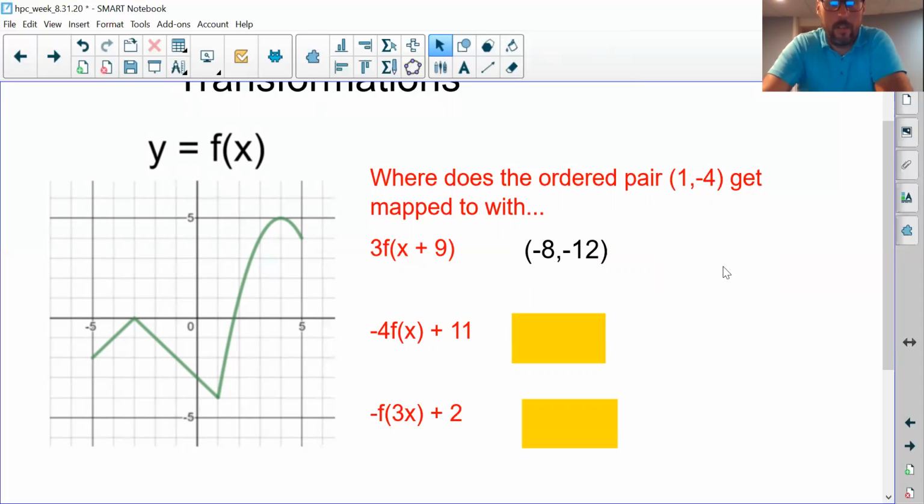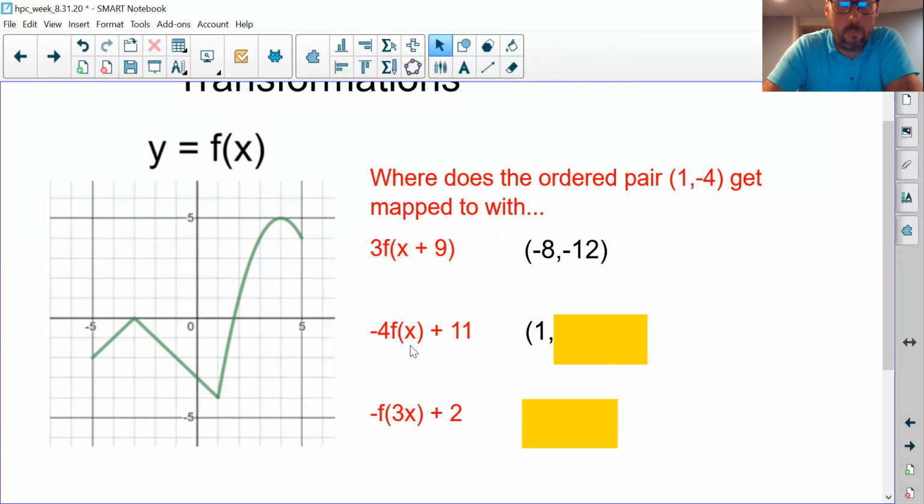The next one, starting with 1, -4, it goes through here. Well, nothing happens to the x. It's just f of x. So the 1 is going to be part of your answer. Things are happening to the y values, though. First, you have to multiply by -4 because that's closest to the x.